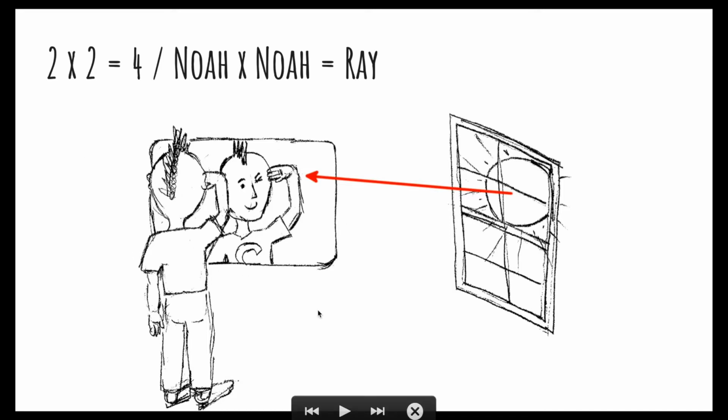So in this story we have Noah times Noah equals ray. Ray represents the number 4. Let's look at how ray represents the number 4.